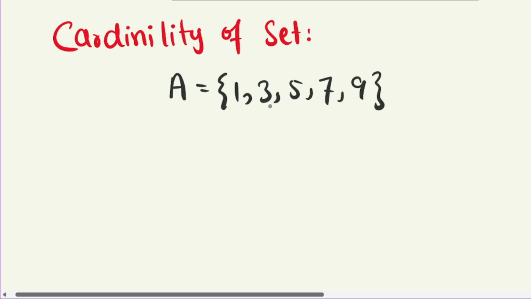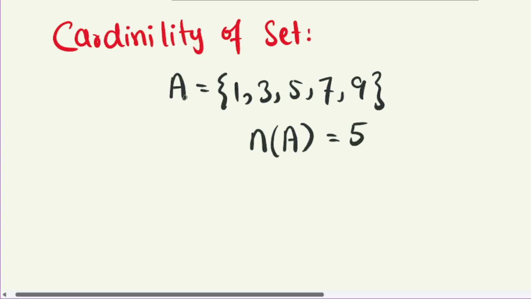How many elements are there in this set? 1, 2, 3, 4 and 5, right? So the cardinality of set A is 5, or the number of elements of A is 5.